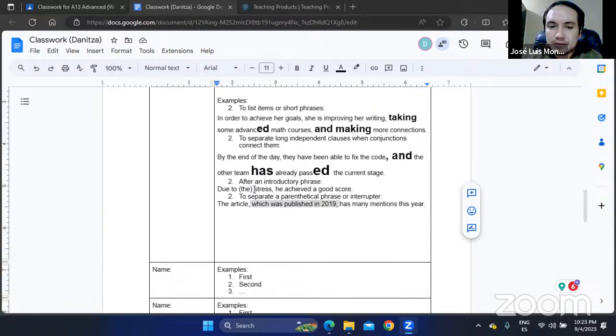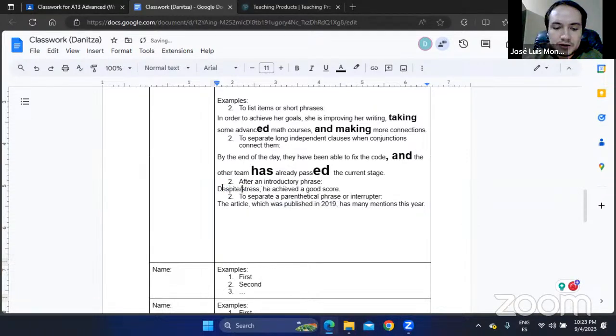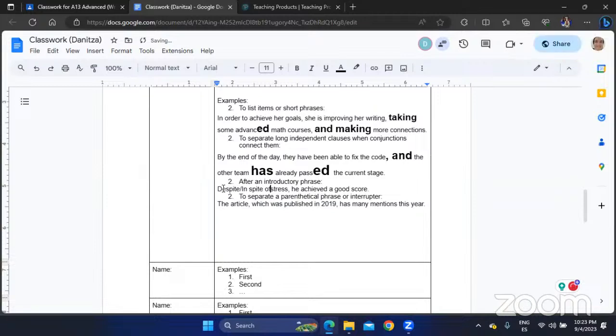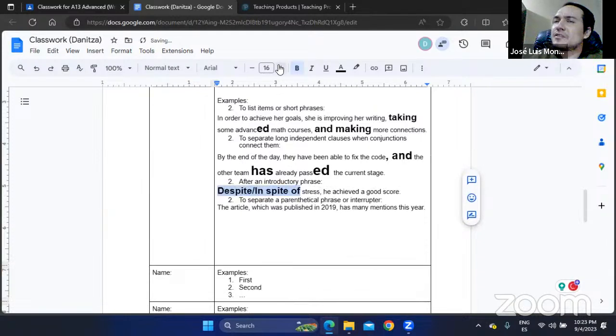Actually, let me write it for you over here. Okay, despite or in spite of. Because "due to" is the same as "because of," and they are not positive or negative. They are neutral, but they are mostly related to something positive.